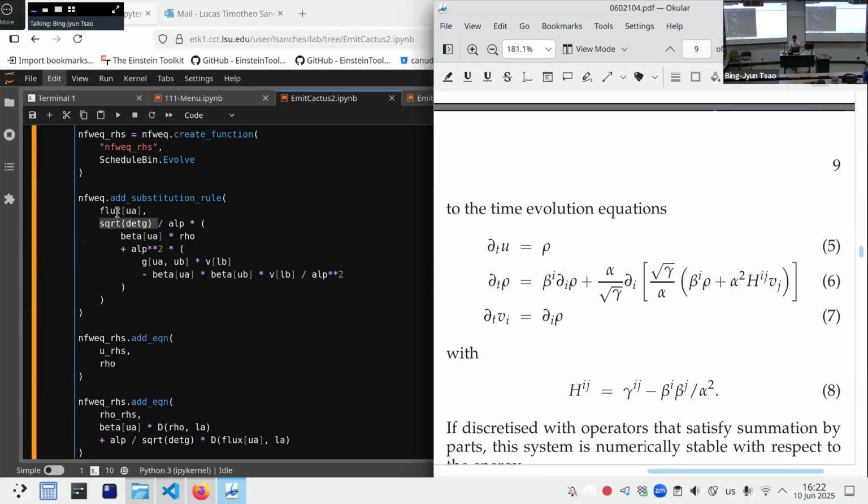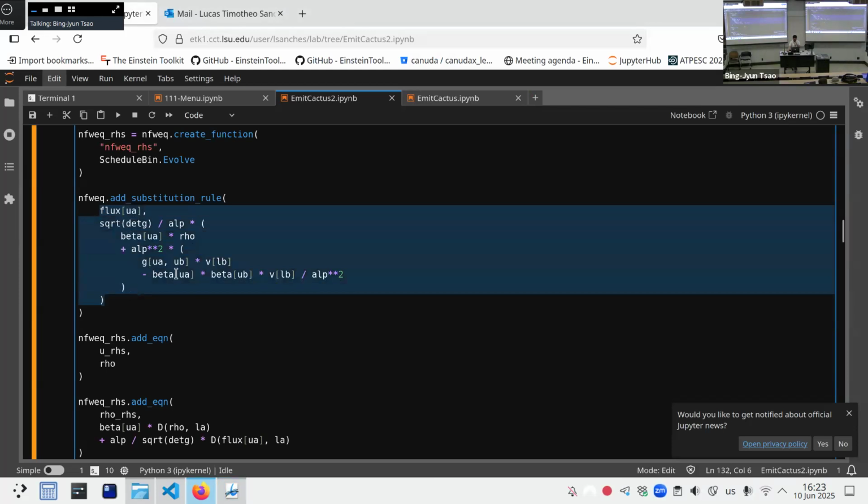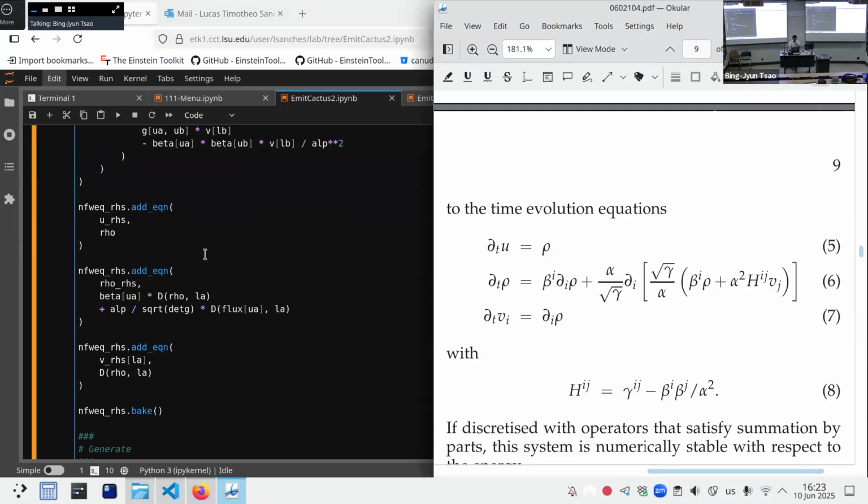So what's going to happen is I'm going to have a stencil call that takes a derivative of flux, and all of this is going to be replaced inside that call, and the derivative stencil, the div call, will know what to do when it encounters this object. So the right-hand side for u is just rho, super simple.